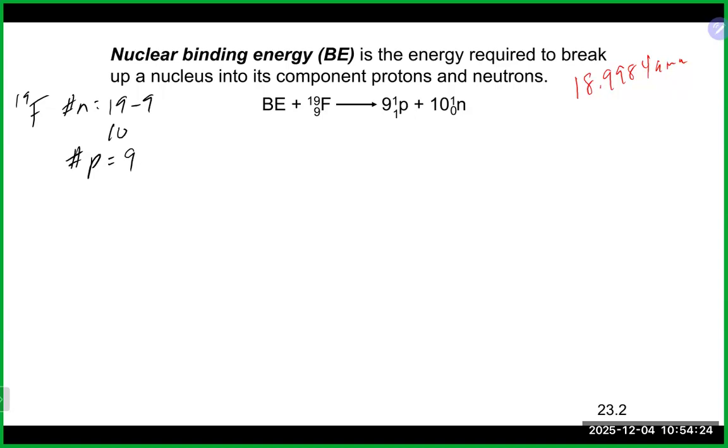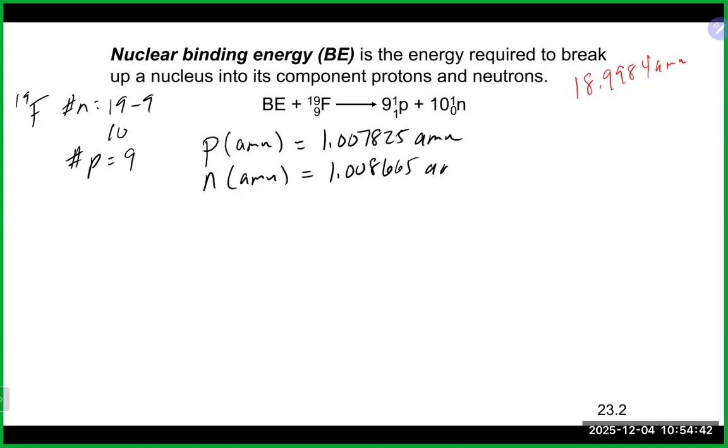So we could actually use the atomic mass of a proton, which in AMU is 1.007825 AMU. And a neutron's atomic mass in AMU is 1.008665. As you might remember, the neutron is the heaviest of the three particles, just barely inching out the proton.